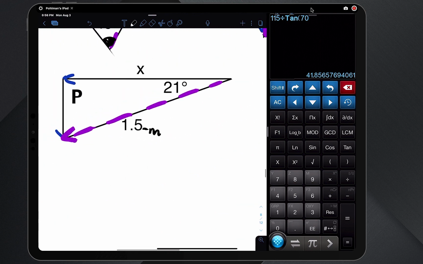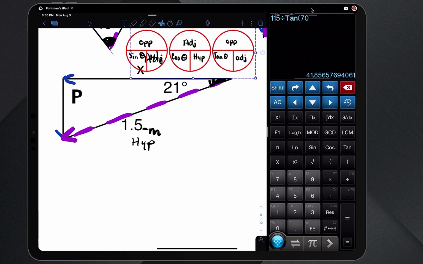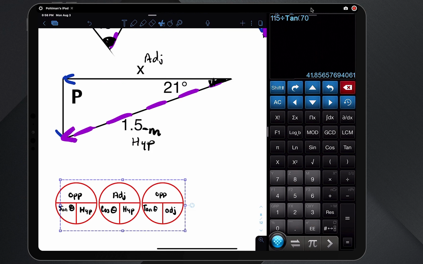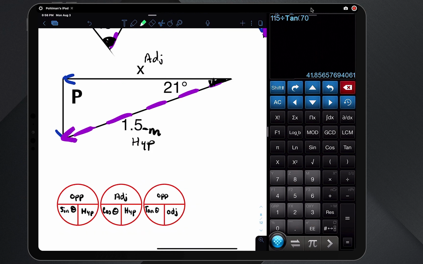We have letter P. You have your angle here. So that means that this is our hypotenuse, and then this is the adjacent side. From our list, we have hypotenuse and adjacent. Hypotenuse, adjacent, I'm working with cosine. I am trying to find the adjacent side, so I scribble it out.